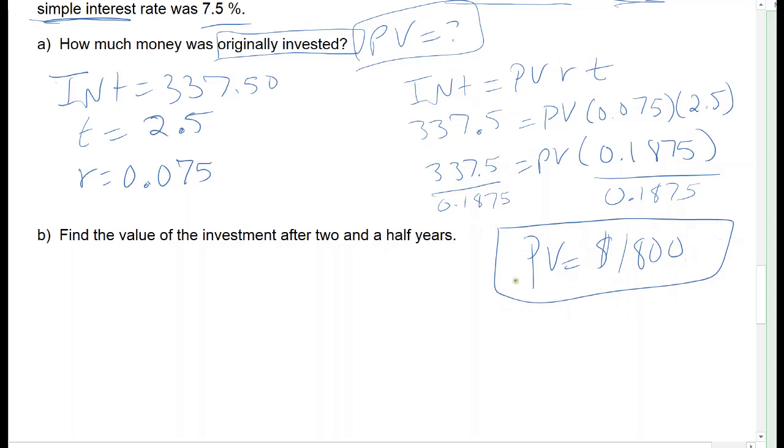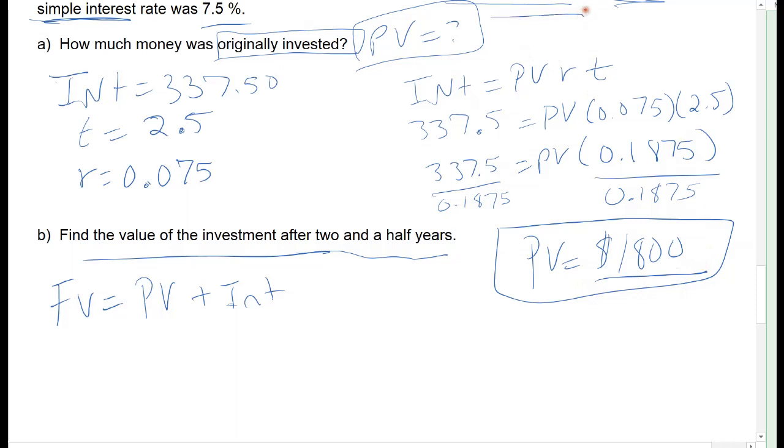Right, the second part, so that's part A. The second part, find the value of the investment after 2.5 years. So this is asking you, well, how much do you have in 2.5 years? So this is asking for future value. Now, you could use the future value formula, but you don't have to. And so don't do that. Future value is your present value plus your interest. I now know my present value, and I was told my interest.